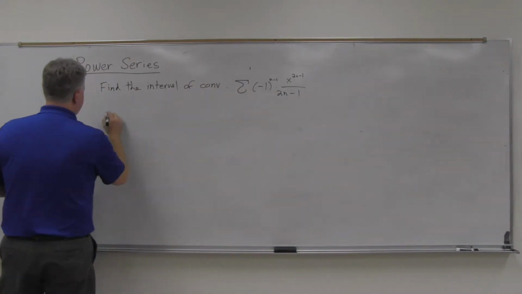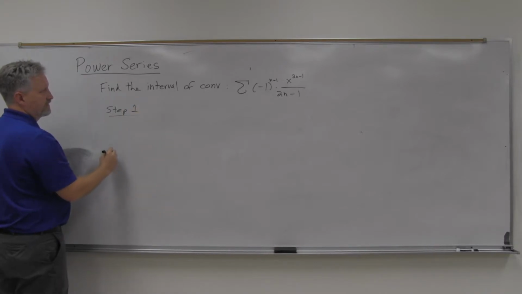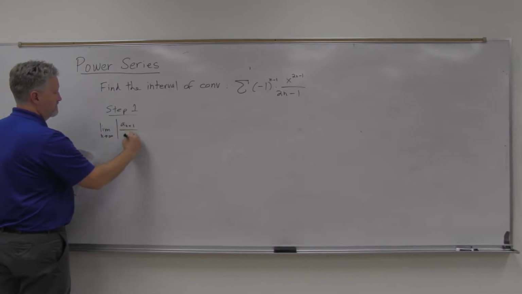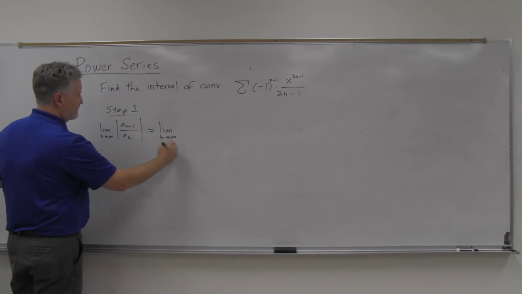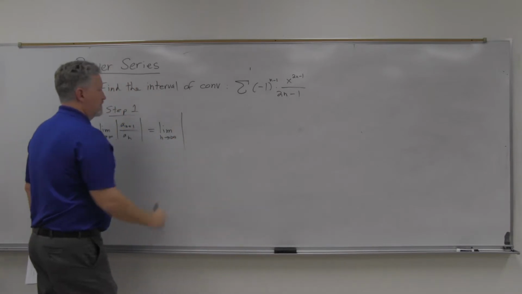So step one is use that ratio test. The limit as n goes to infinity of the absolute value of a sub n plus 1 over a sub n. The absolute value gets rid of that alternating sign, so we'll go ahead and get rid of it.